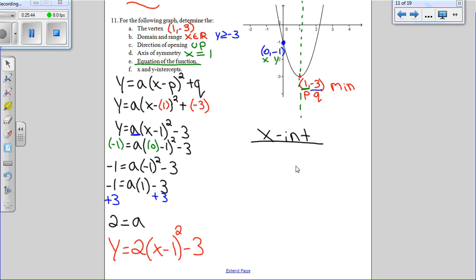So if you go back to your equation and you change y to equals 0, you then will have a quadratic that you can solve. Solving a quadratic is finding the x-intercepts.